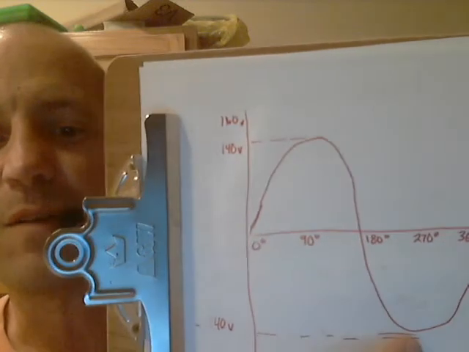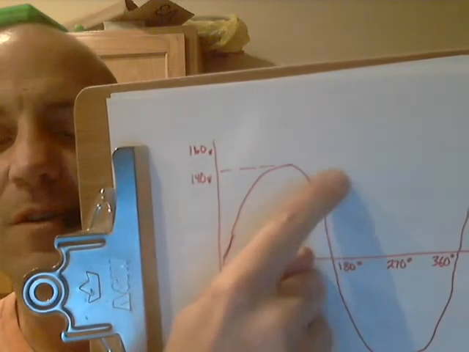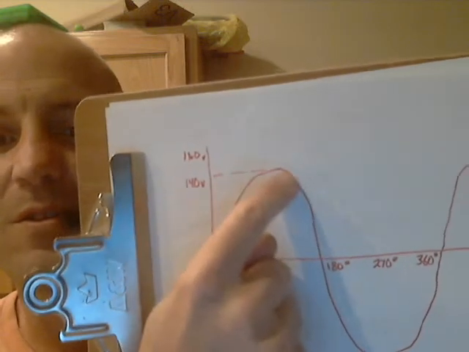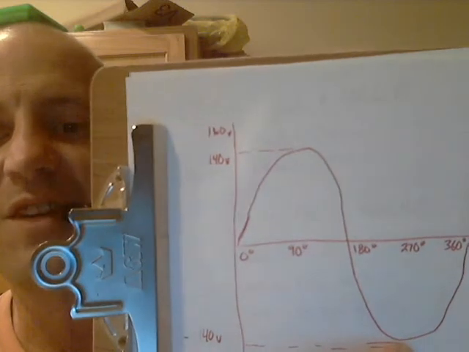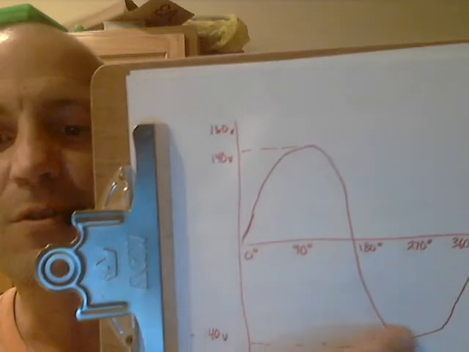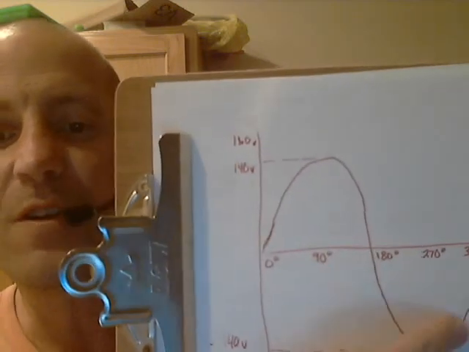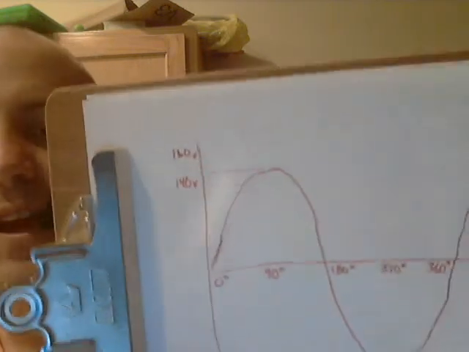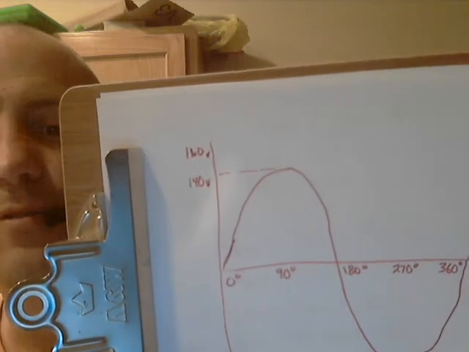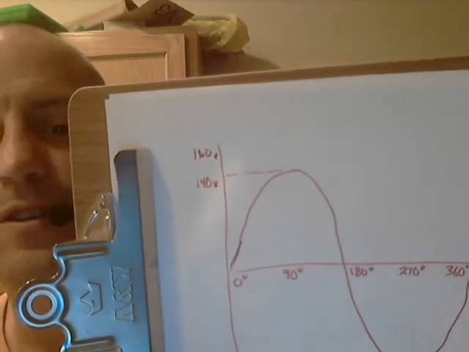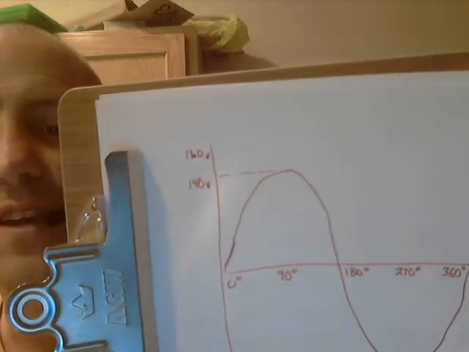This is all relative, but most graphs tend to make the top side the positive voltage and the bottom side the negative voltage, but keep in mind that that's sort of a relative term. So it's going to reach its negative peak right here, peak voltage, and then it's going to go back down to 0. And at this point, when the conductor has rotated a full 360 degrees, we now have one complete cycle of AC.